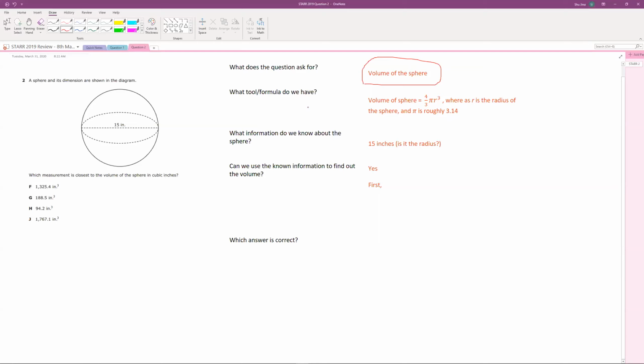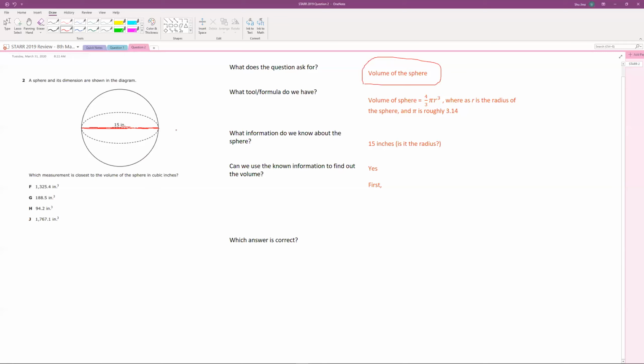Okay, since we have this formula, what information do we know about this specific sphere in this question? Look at this diagram. The only thing we can see here is this 15 inches, from side to side. But think about that.